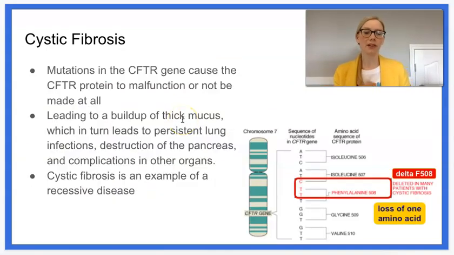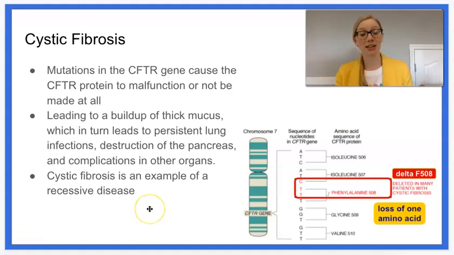So how does cystic fibrosis occur? Cystic fibrosis is a mutation in the CFTR gene, and it causes the CFTR protein to malfunction or not be made at all. This is what leads to the buildup of thick mucus, which turns into persistent lung infections, destruction of your pancreas, and complications with other organs.